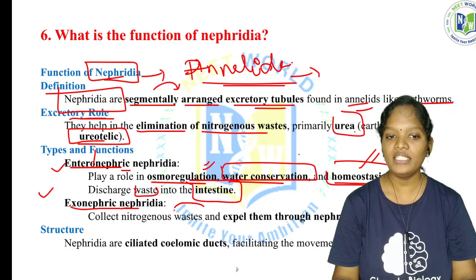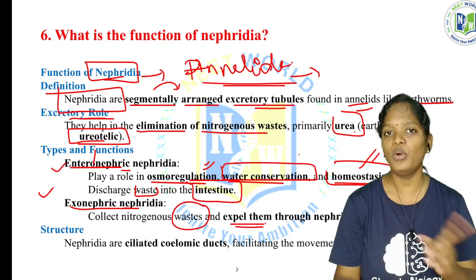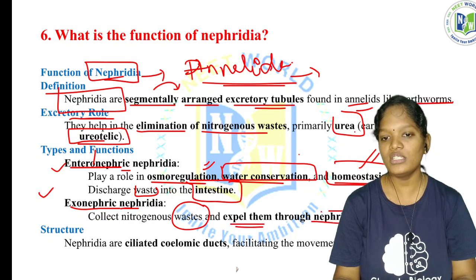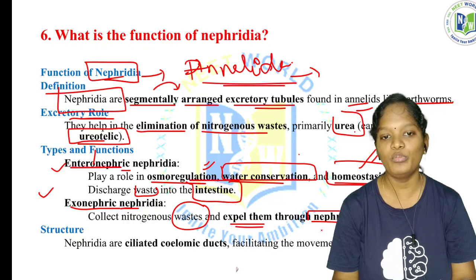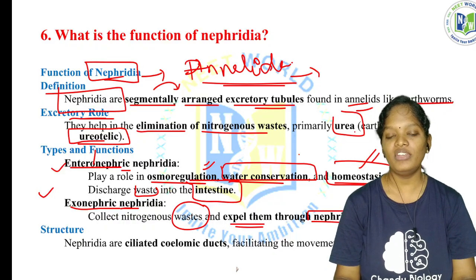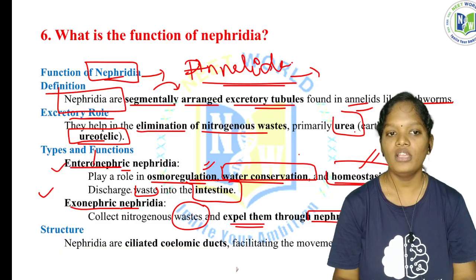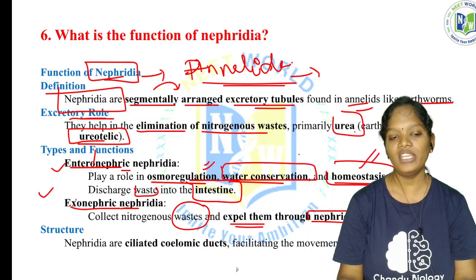They collect the nitrogenous waste and expel it out of the body through a structure called the nephridiopore. This nephridiopore is very important; through this structure the collected waste is eliminated from the body. So these are the types of nephridia and their functions.